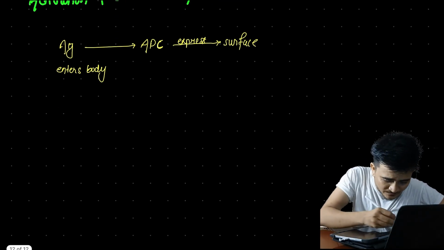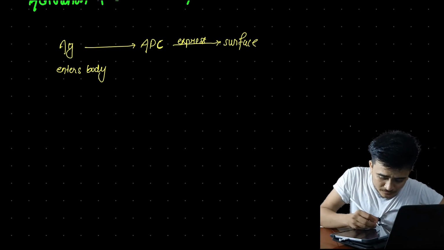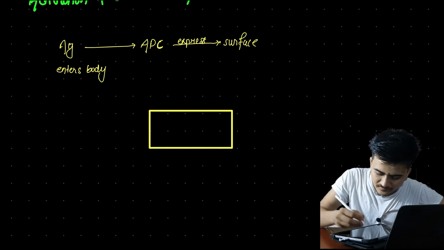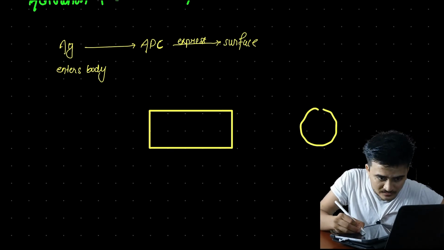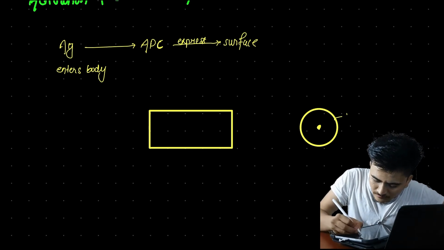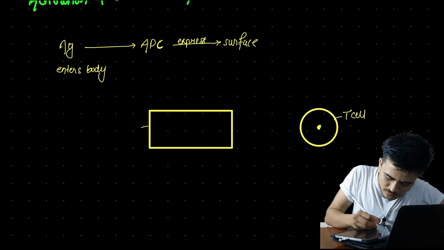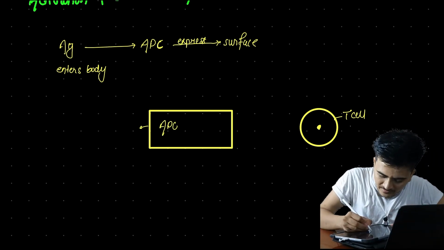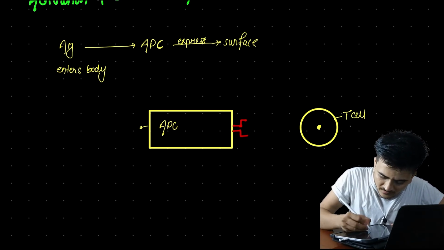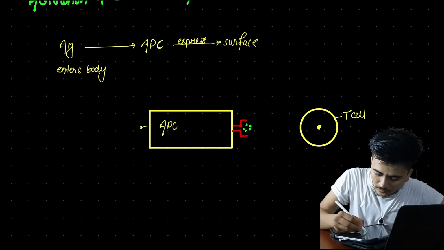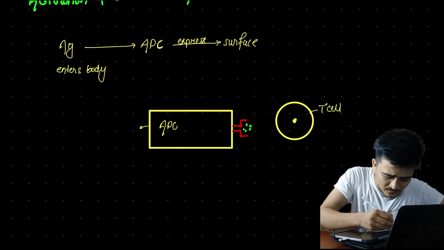Okay, now again the same drawing that we have drawn earlier. I would like to take you toward this concept. This is our APC, right? And this is our T cell. I'll write it here, APC. Now what happens is we have got here MHC, and this MHC is presenting a lot of antigens.